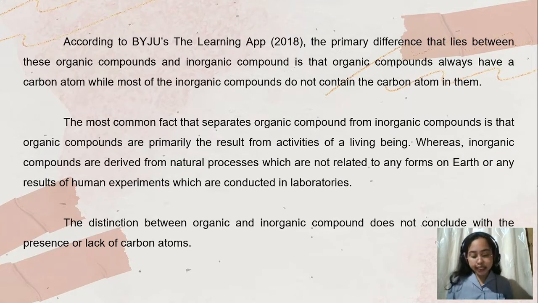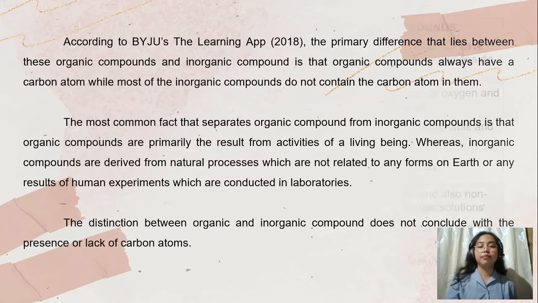Examples of organic compounds are sugars, amino acids, proteins, carbohydrates, while inorganic are calcium carbonate, water, and sodium chloride. But the distinction between organic and inorganic doesn't lie only in the presence or lack of carbon, it's more than that. So let's explain it one by one.